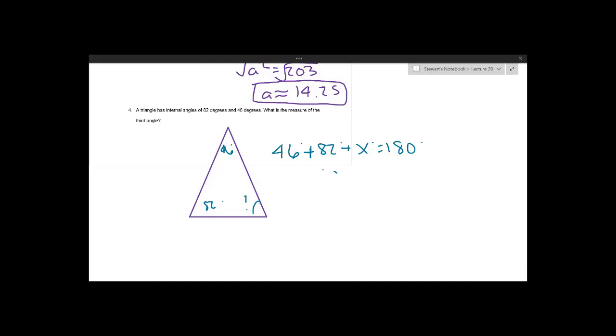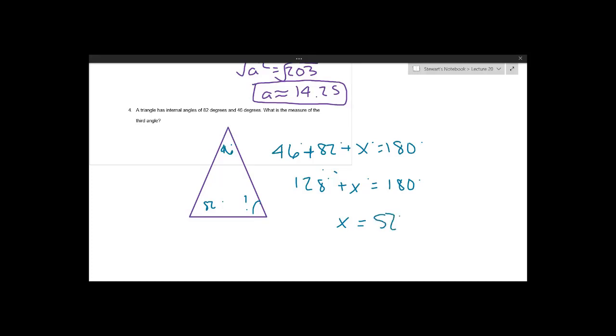One more time, 46 plus 82 is 128. And then all we have to do to solve for X is subtract 128 from 180. So our missing angle is 52 degrees.